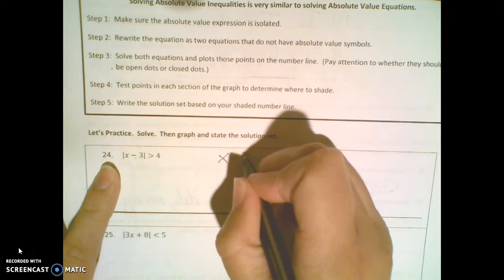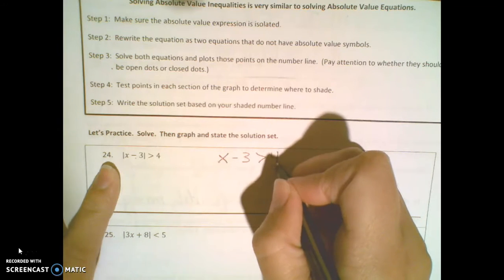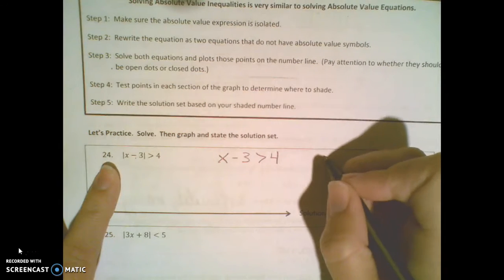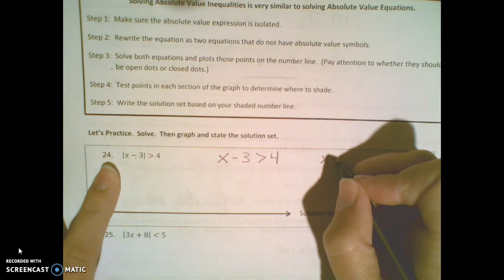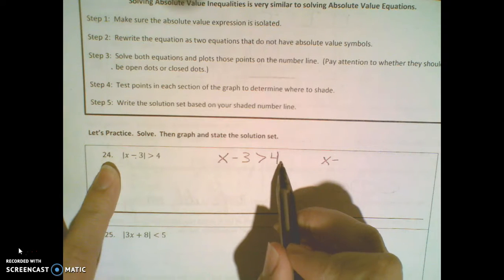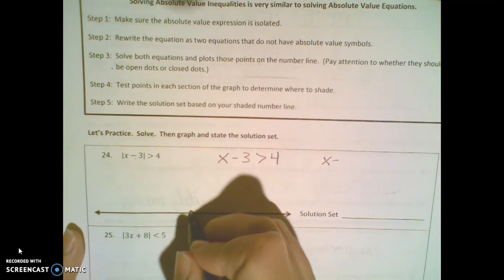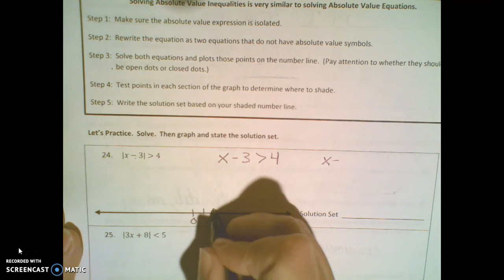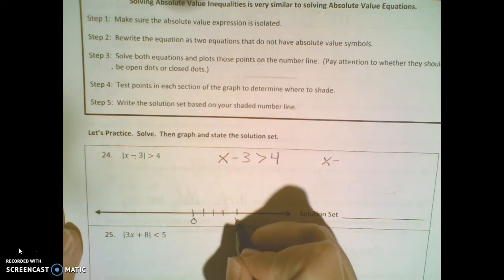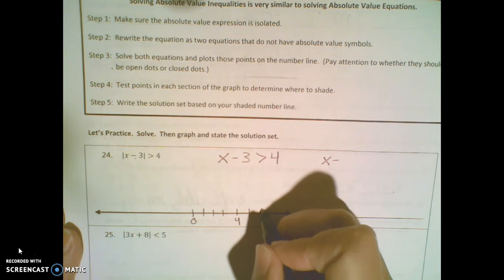and so that's going to be x minus 3 greater than 4. And then the absolute value of that being greater than 4 is the same as it being less than -4. So let's take a look at that. So here's 4.